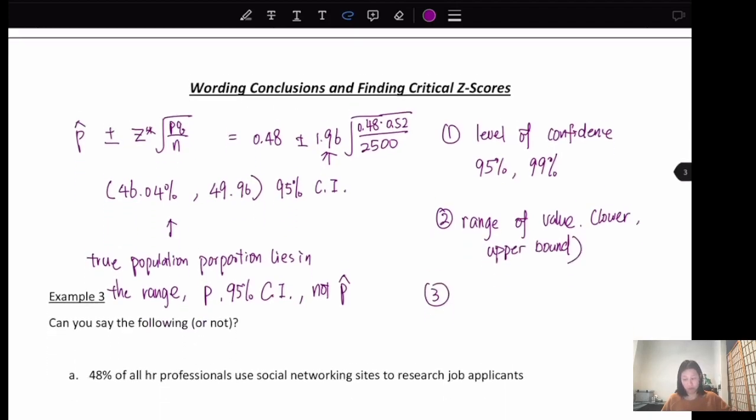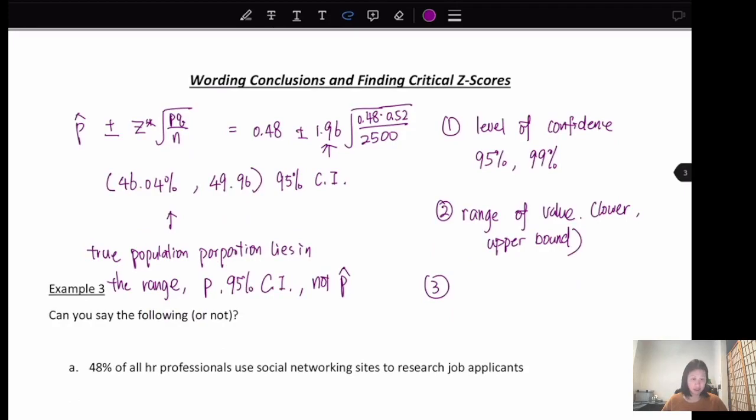The third important thing is that this is the description of the population proportion, which means it's all of the population, not just the sample proportion.